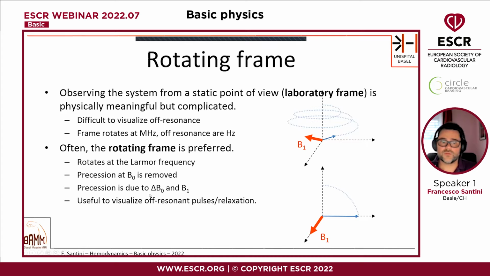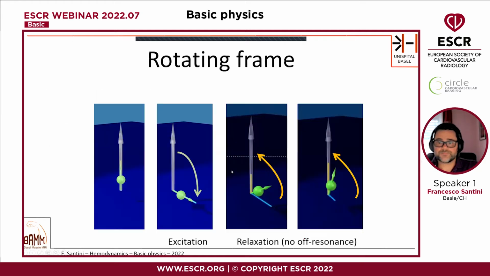This is very useful to visualize any process, including off-resonance. This is our basic case. Our spin is now rotating at the Larmor frequency, so in the rotating frame, it will just be excited, and then it will go back to its equilibrium state. This only happens if the magnetization vector is exactly at the Larmor frequency.